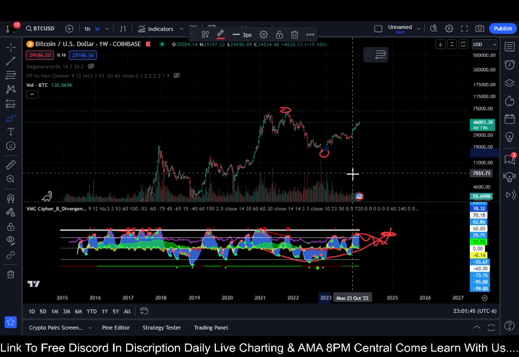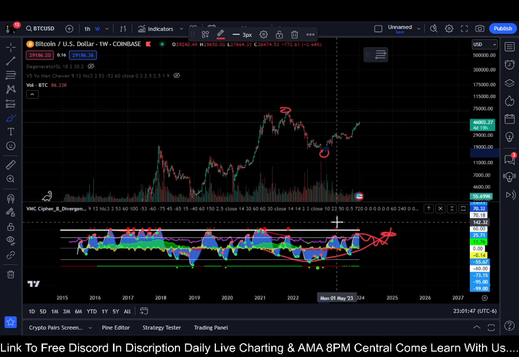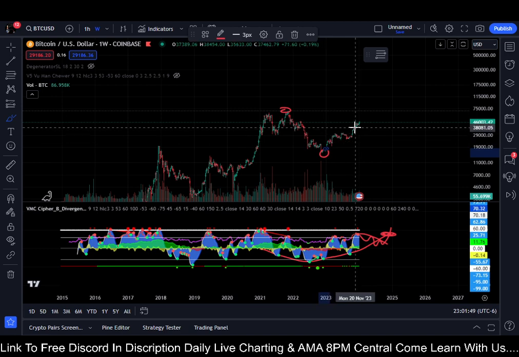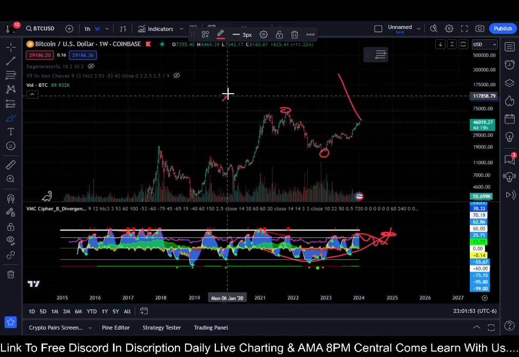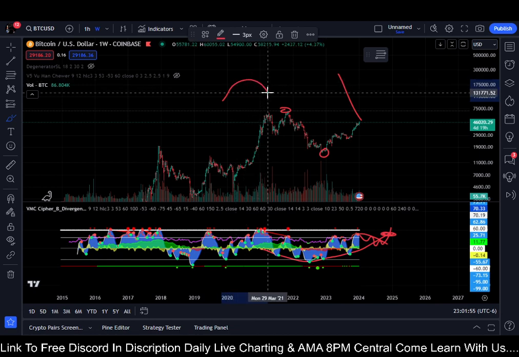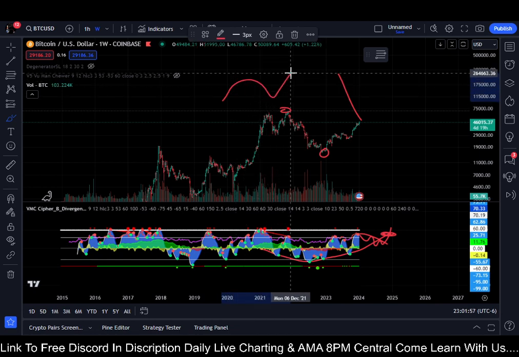As you would expect, as the brakes are starting to be applied, momentum is slowing. This isn't going to just come straight down to zero. It's going to round over as anything loses momentum.